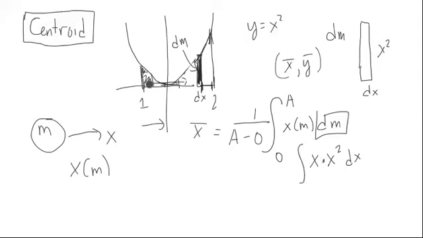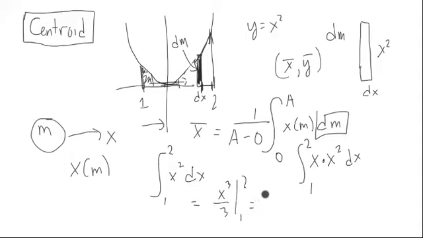Now the interval, as m goes from 0 to a, x is going from 1 to 2. Total area we could get by doing a little integral of x squared, as we go from 1 up to 2 dx. We could compute that to be x cubed over 3 from 1 to 2.